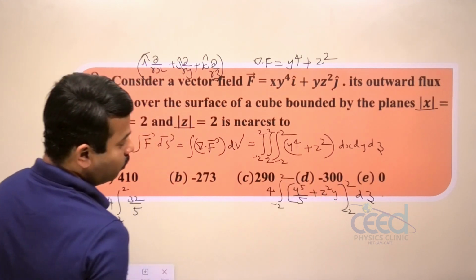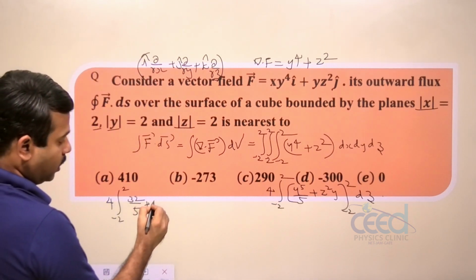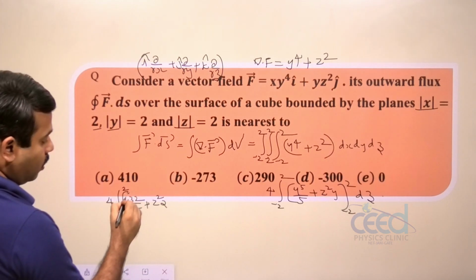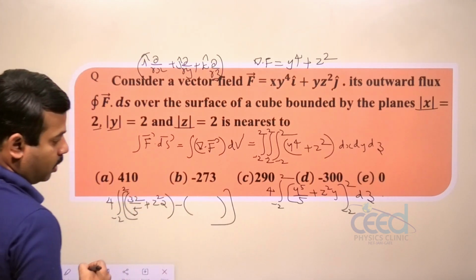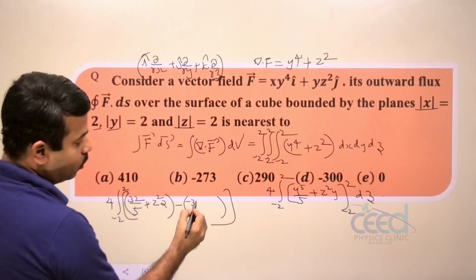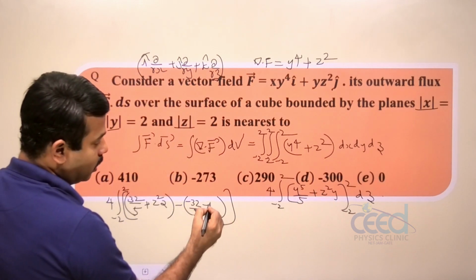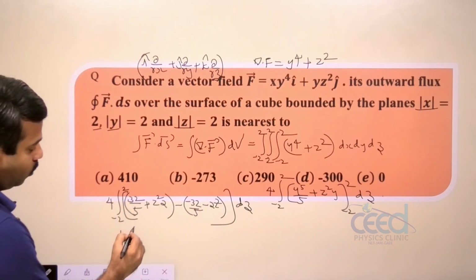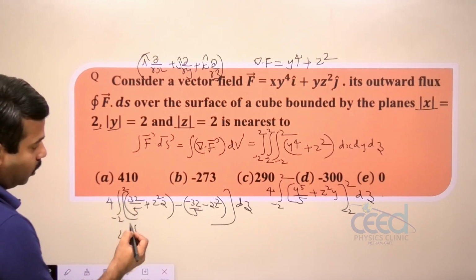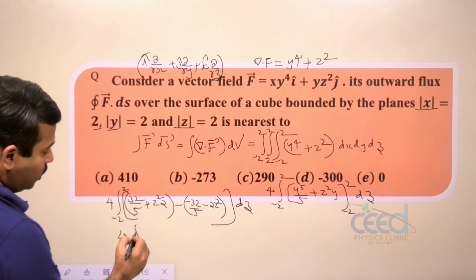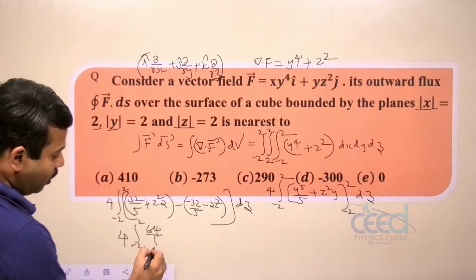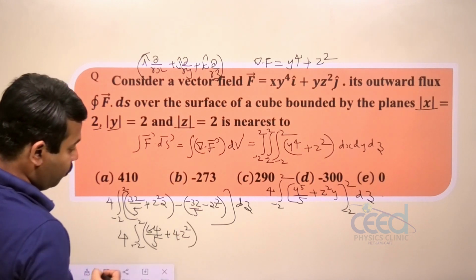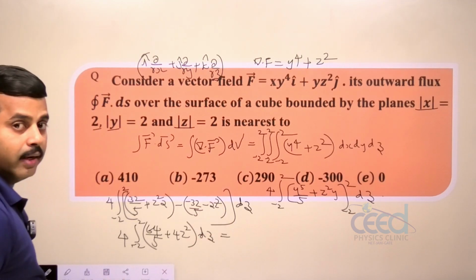And here when you put 2, what I get is 2z^2. Minus, when I put minus 2 here, it becomes minus 32 by 5, and minus 2z^2 for the second term. Now dz is outside, and we can give the value: 4 into the integral from minus 2 to 2 of 32 by 5 plus 32 by 5, that is 64 divided by 5, and 2z^2 plus 2z^2, that is 4z^2, alright. Now with respect to dz you integrate.